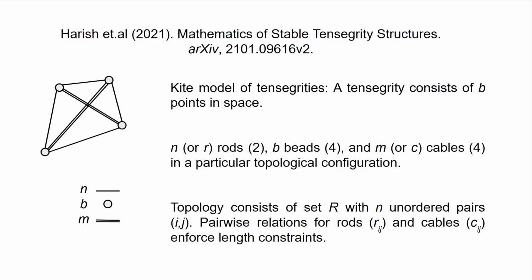So there are pairwise relations for rods and cables. We have the rods, which are these single lines, and the cables, which are these double lines. This is also important because we not only want to have points in space that are configured in space, but we want to be aware of length constraints, meaning that we don't want to have rods and cables of any old length, because if a structure is of a certain size, it might be a tensegrity, but if it's longer in one dimension or another, it might no longer be a tensegrity.